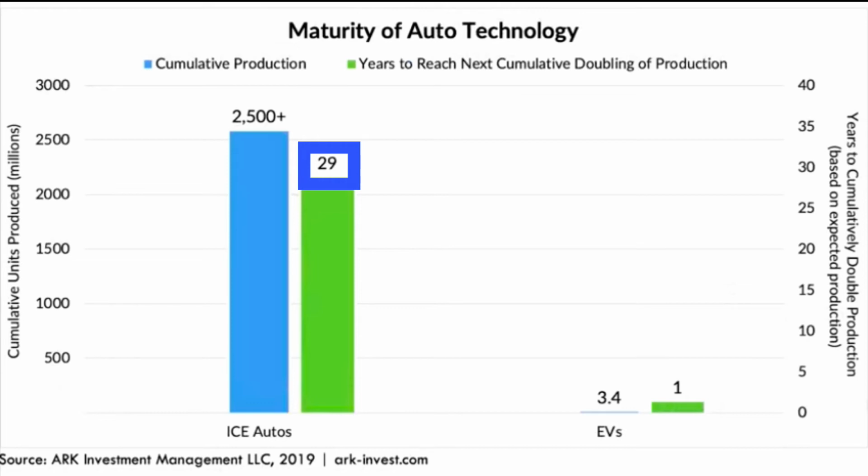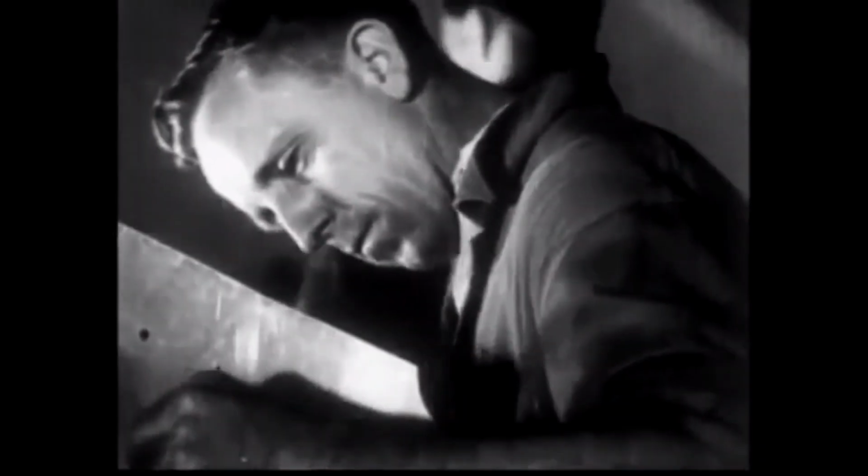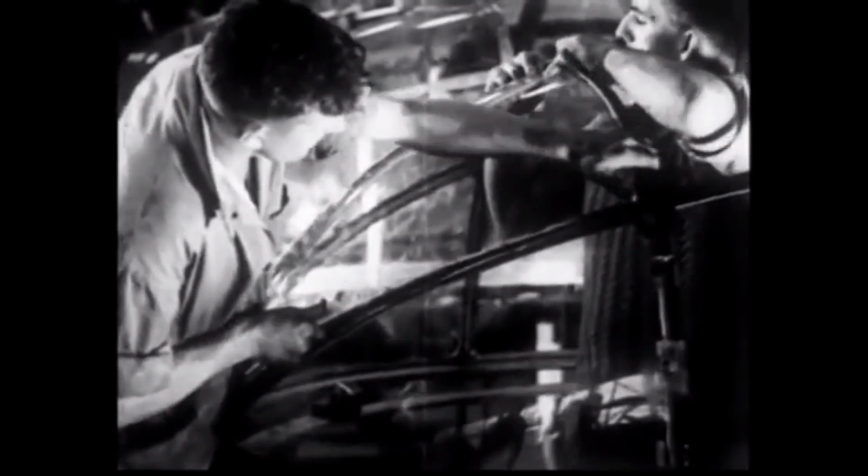On the other hand, there have only been 3.5 million electric vehicles produced to date, so a doubling would only take about 1 year. As a result, the gas vehicle will experience a 0.5% drop in annual cost versus a 12% annual drop for electric vehicles. When applying Wright's Law to the nascent drone market, we see exponential drops in price as well.